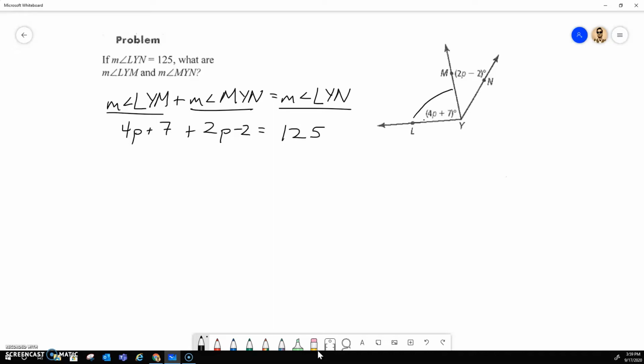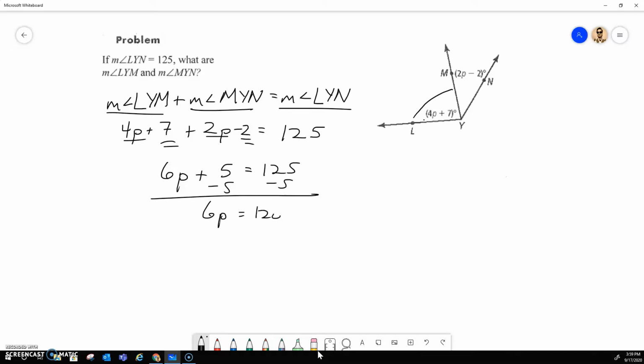Now let's combine like terms and solve. So we get 6p plus 5 equals 125. Minus 5 here and here, we get 6p equals 120. Divide both sides by 6, we get p equals 20. But we don't want to know p. We want to go one step further and find the measure of angle LYM and MYN.